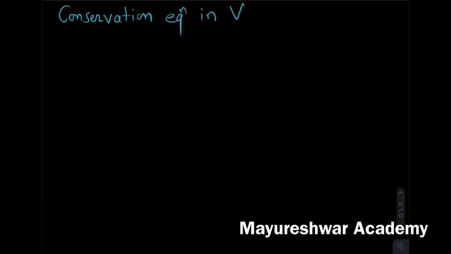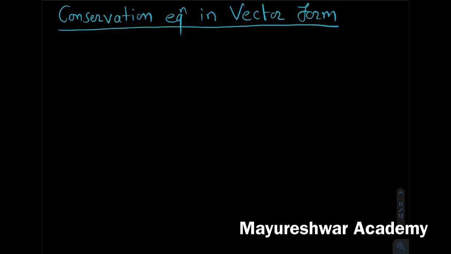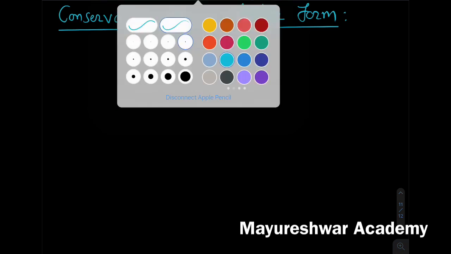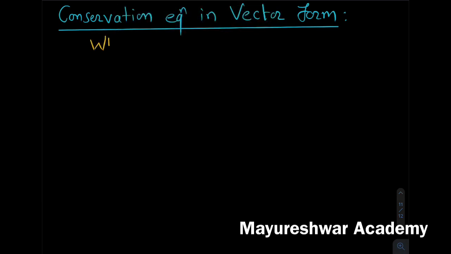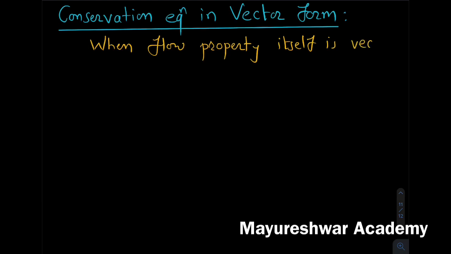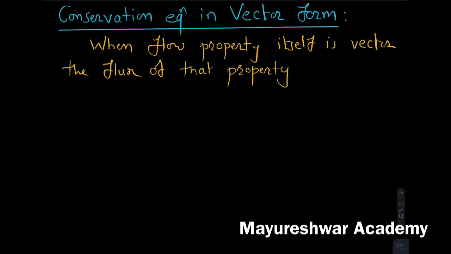So let us write down now the second part, which is the conservation equation in vector form. When the flow property itself is a vector, the flux of that property will be a tensor.